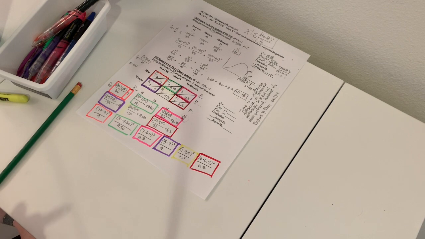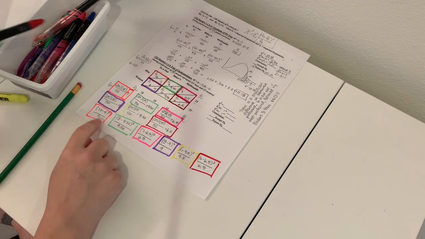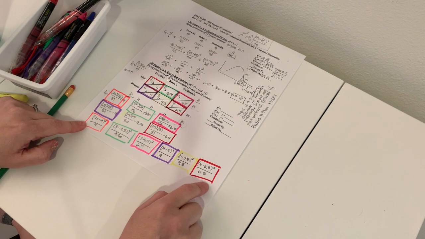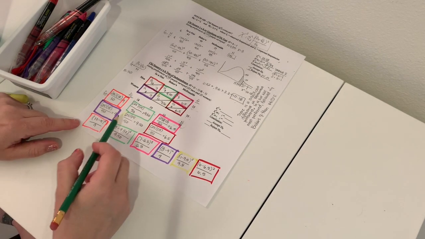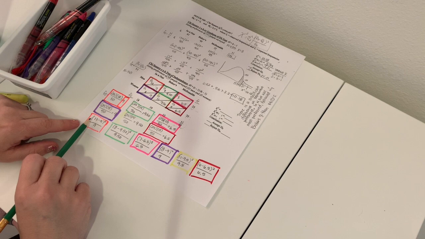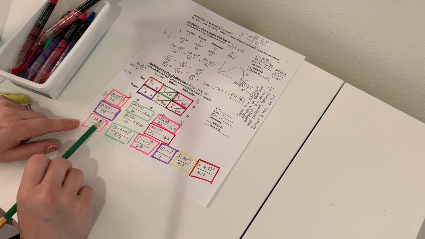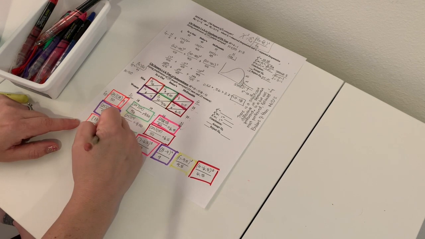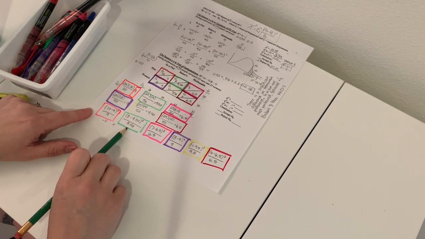Okay, so I'm just gonna calculate through each of these squares down here. So if I calculate through 10 minus 9 squared over 9, I get 0.11. I'm going to add that to what I get for the green.